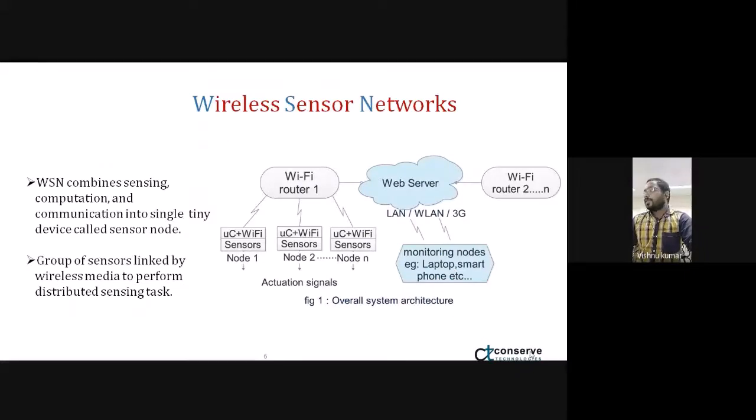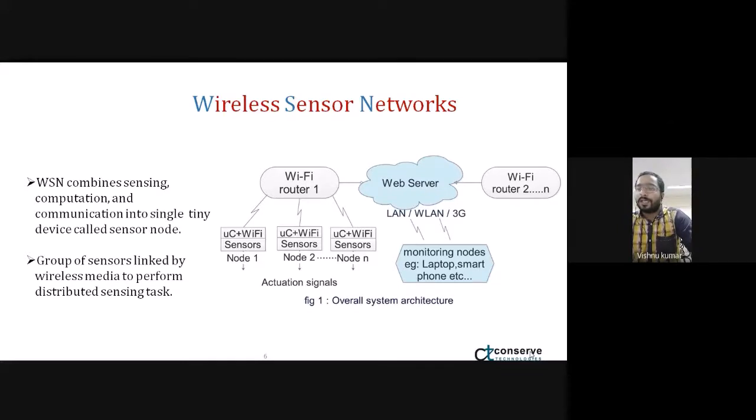Next is the wireless sensor network. In the previous slides we have discussed wireless sensor networks. What is a WSN? A WSN combines sensing, computation, and communication into single tiny devices called sensor nodes. Now you got what a sensor node is.